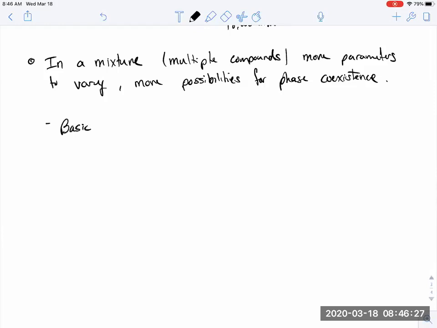The basic condition in order to assert that we are at an equilibrium, that coexistence is maintained such that there are no flows in volume, heat, or number of particles, is that for each component, the chemical potentials are uniform across all phases.